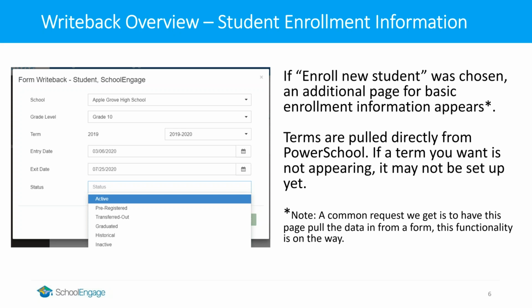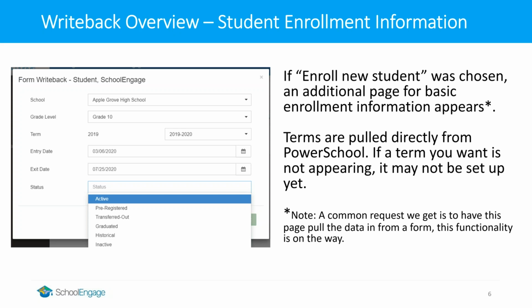So as I was saying, the terms and all that information are pulled from PowerSchool. The entry date by default is set to the first day of whatever term you choose, or if that term's already started, the current date.